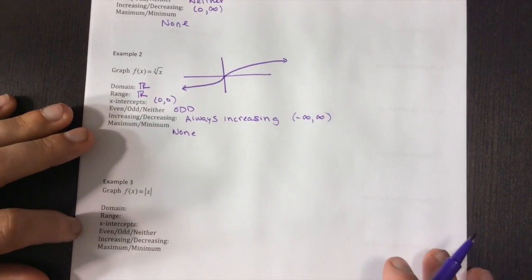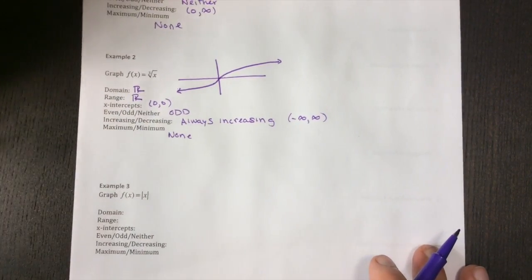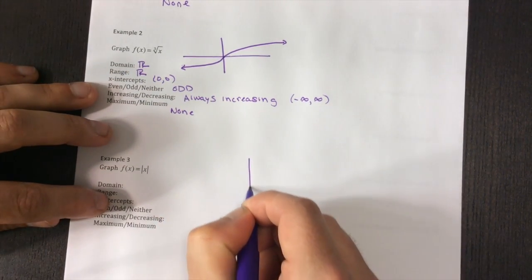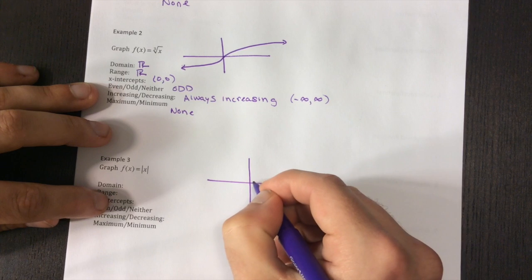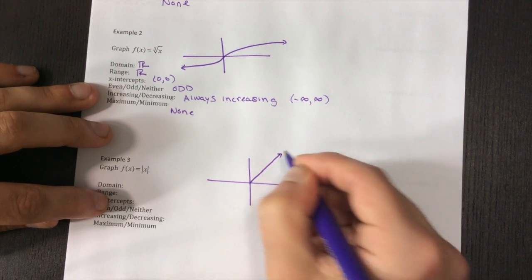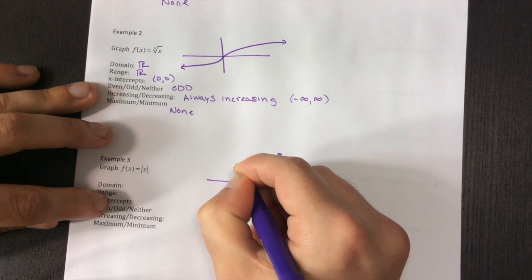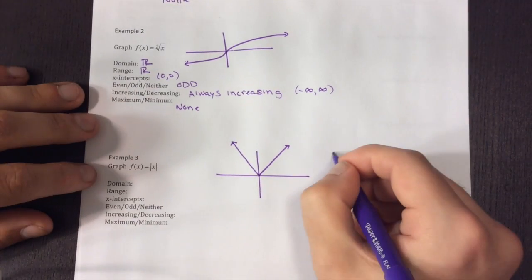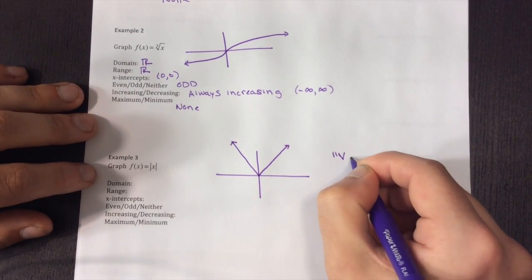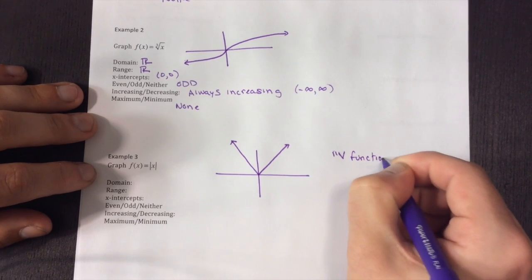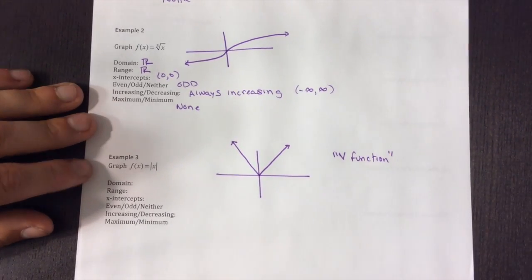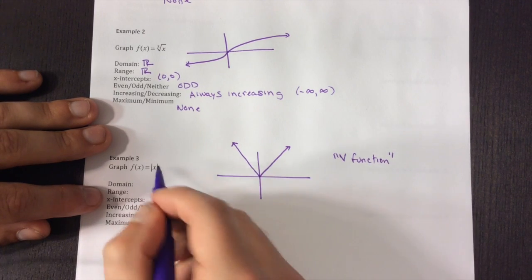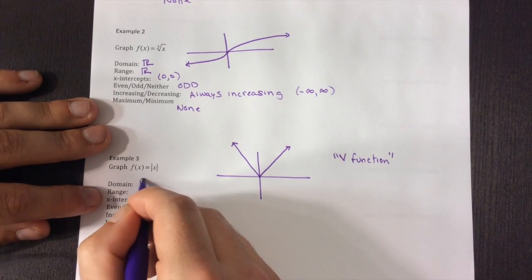The third function that we should be familiar with is the absolute value function, which itself is a piecewise function, but let's just graph it for our sake. It's increasing positively, and it's increasing negatively. So absolute value, this is our v function. So the domain, we can plug anything into absolute value, so it's all reals.